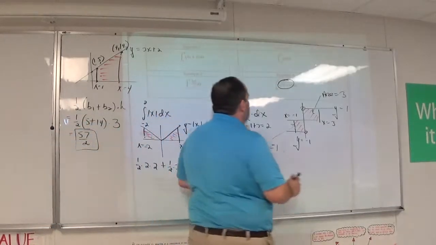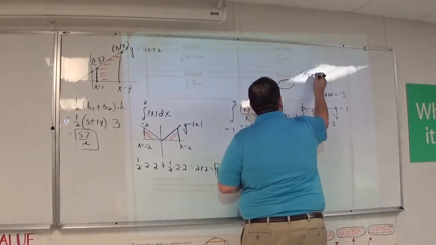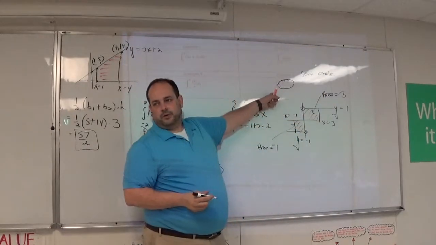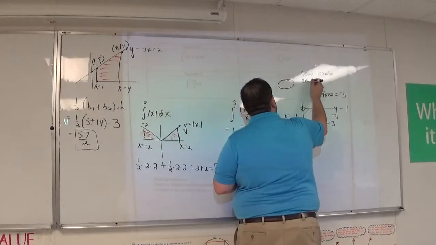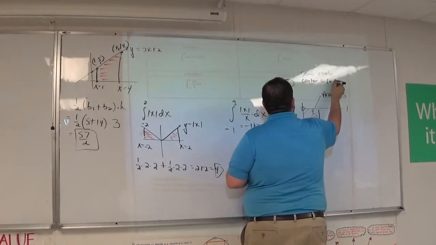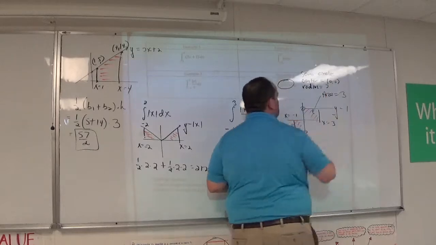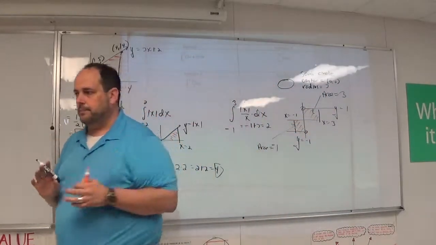No. What this is, is a semicircle. I'll tell you what it is and then I'm going to shut up. This is a semicircle. The center of the semicircle is at the origin, and the radius is 3. That's all I'm going to say.